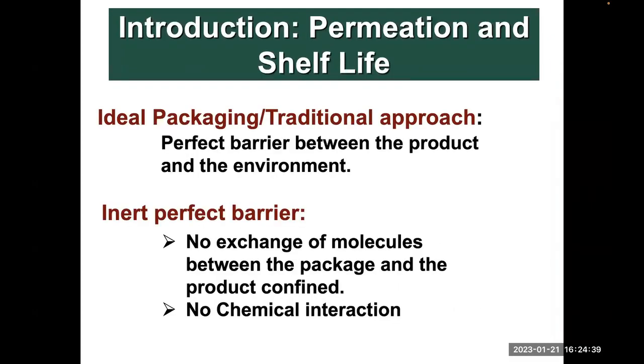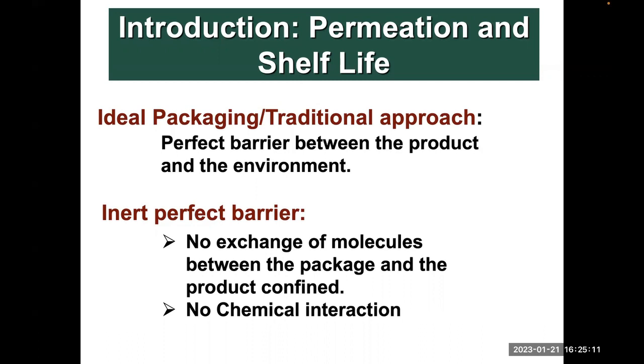So when we talk about packaging and permeability, the basic understanding would be that an ideal package is a package which is a perfect barrier between the product and the environment. So if there are no chemical changes happening in the product, and there is no interaction between the package and the product, that would be perfect, right?